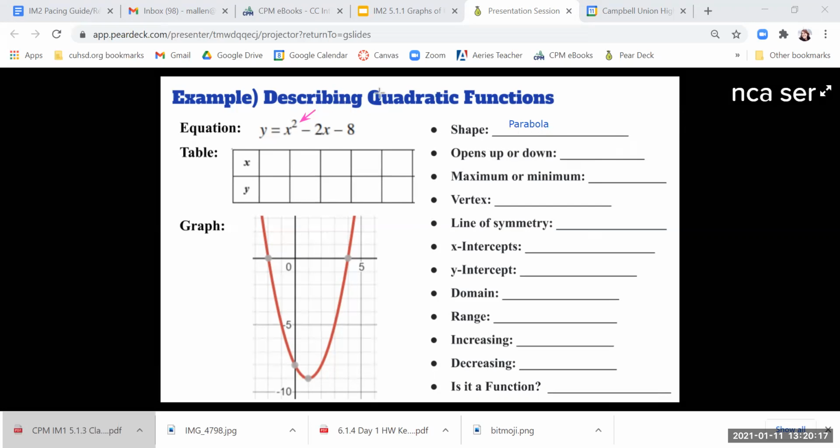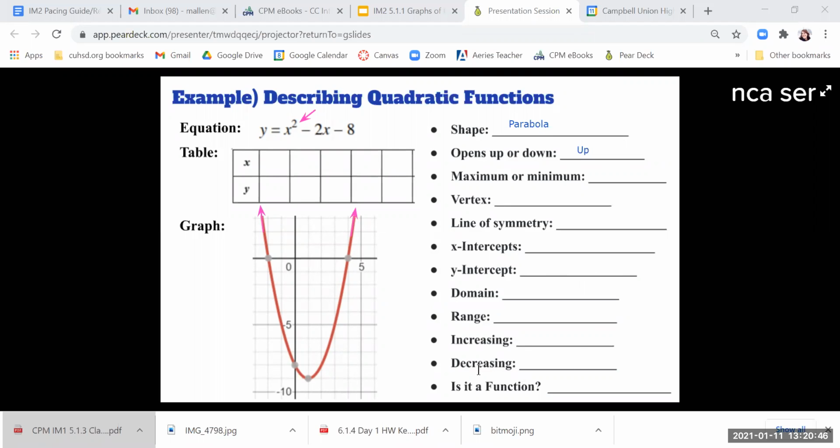And then we want to decide if it opens up or down. So one way to do this is to look at your graph and make sure that you have arrows on the ends of your curve. You see this? So if we put in arrows at the ends, that tells us that we have a graph that's opening up because the arrows are pointing up.